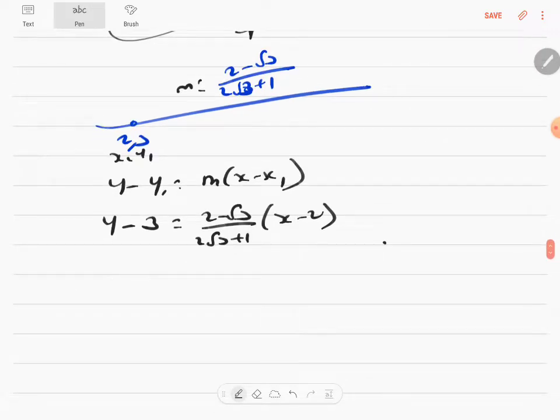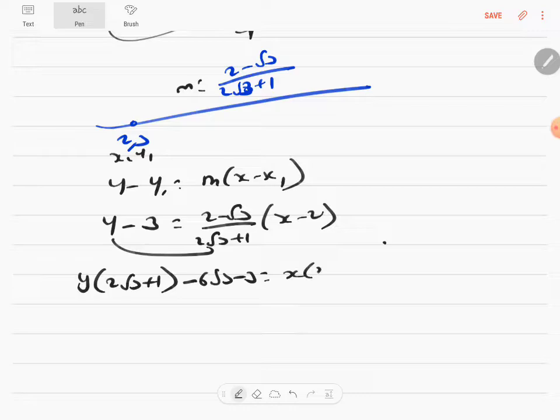On cross multiplying, you have to multiply as a chunk along with y, you have to multiply this whole lot. Minus 6 root 3 minus 3 is equal to x into (2 - root 3), again as a chunk, and then multiplying with minus 4 plus 2 root 3.